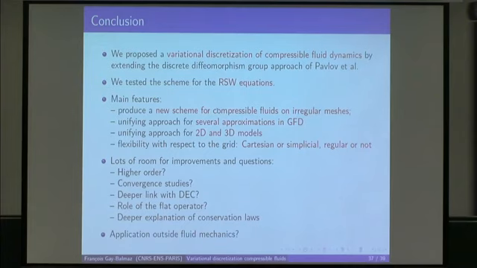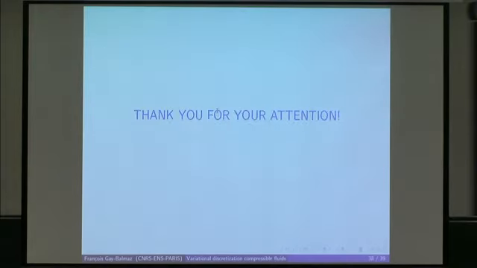And of course, for many of you, how can we use such a discrete version of dynamics on the diffeomorphism group, for example, for shape analysis or computational anatomy, etc. Right? So thank you very much.